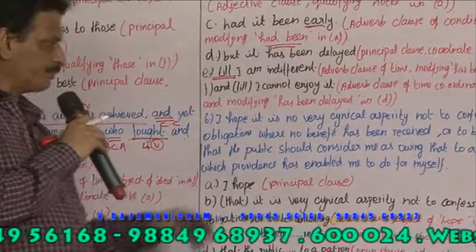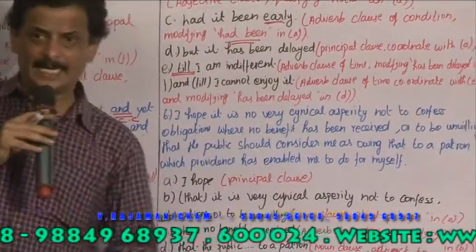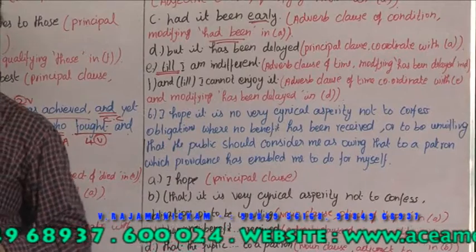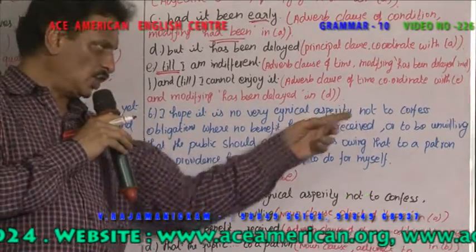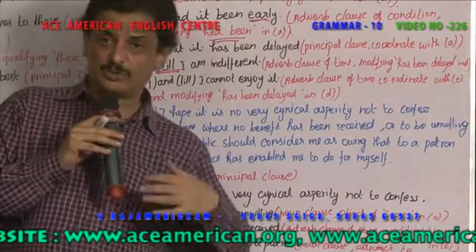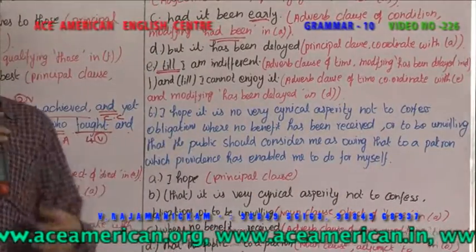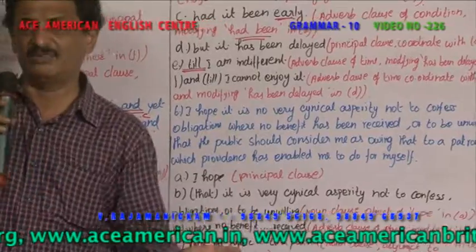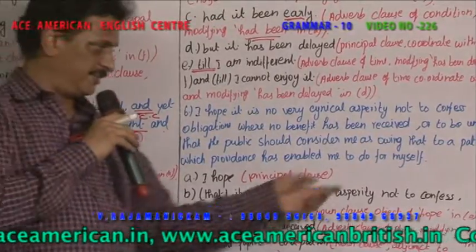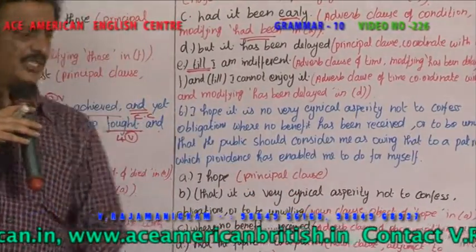I hope it is no very cynical asperity not to confess obligations where no benefit has been received, or to be unwilling that the public should consider me as owing that to a patron which providence has enabled me to do for myself. What do you mean by cynical? Anybody? Dangerous. Asperity means strictness. Confess means what? Agree. Obligations means your duty. No benefit, no profit has been received. Unwilling means not at all willing.